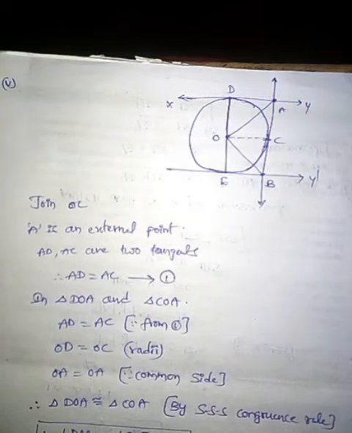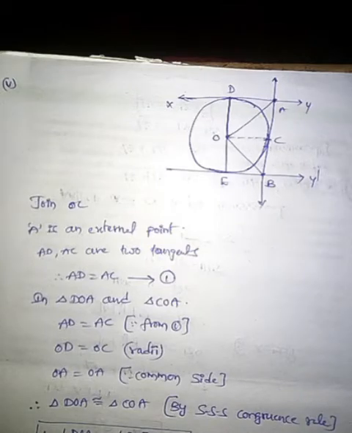You know that the lengths of tangents drawn from an external point to a circle are equal.